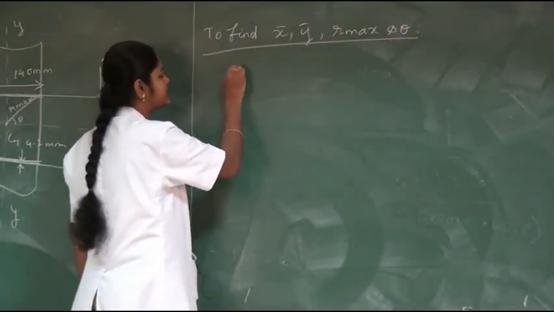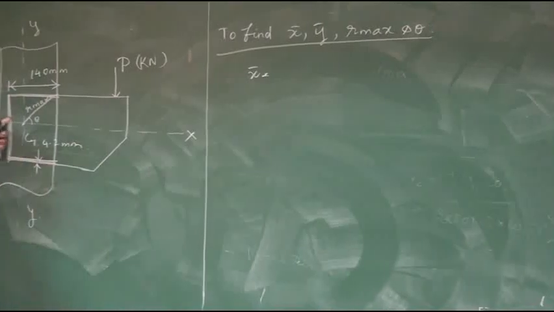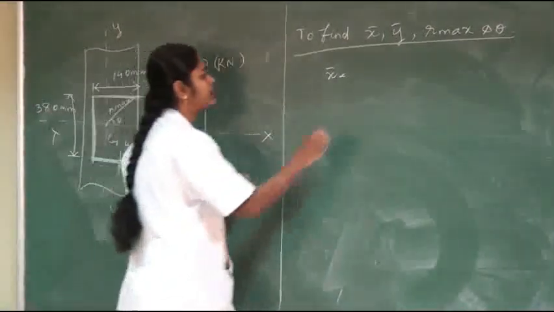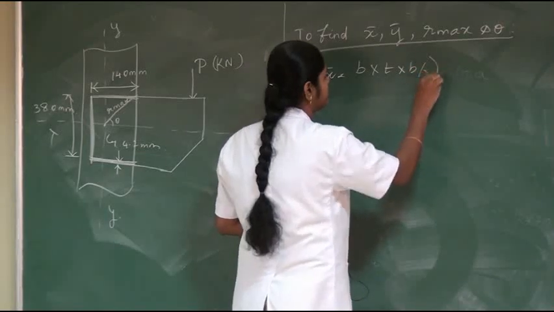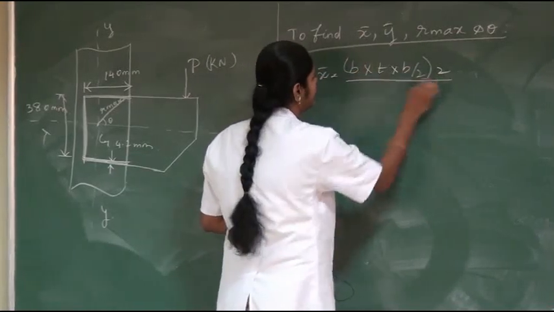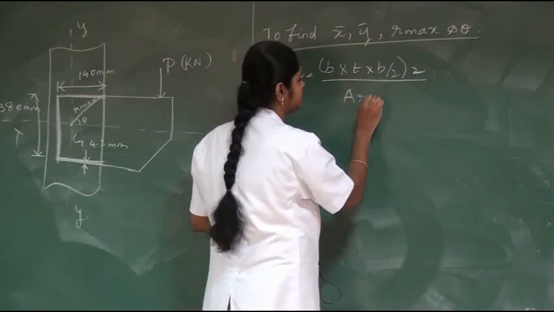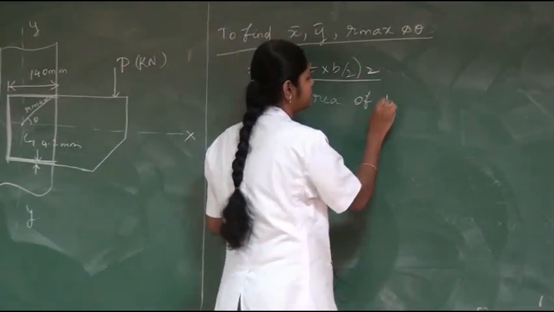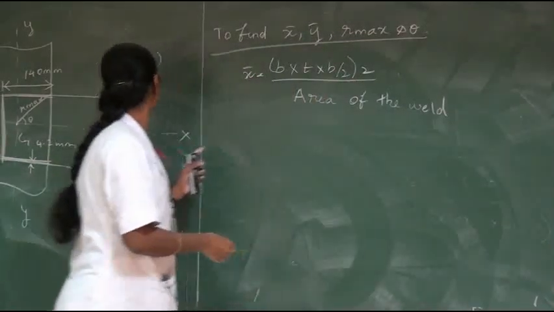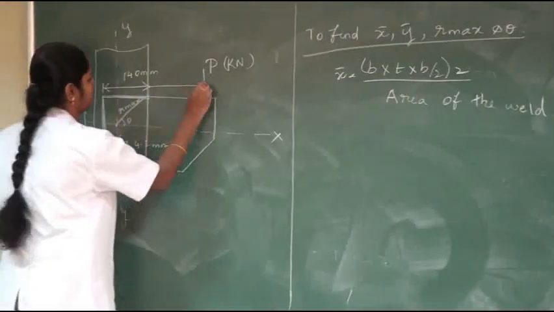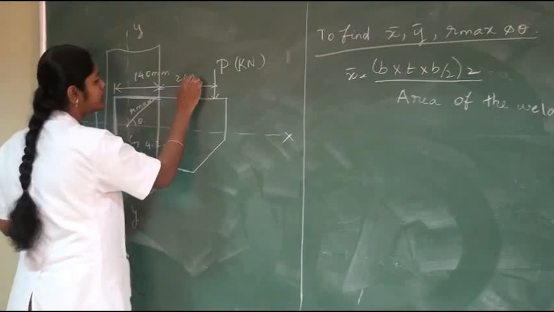First we are going to find X bar. Due to the unsymmetrical section, we are using the formula breadth into thickness into breadth divided by 2 into 2, divided by area of the weld. This length is 240 mm.